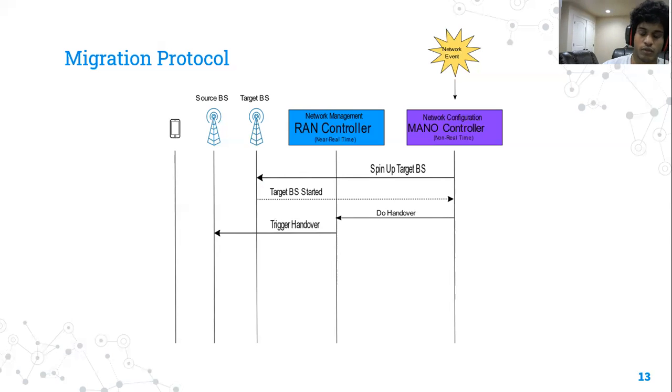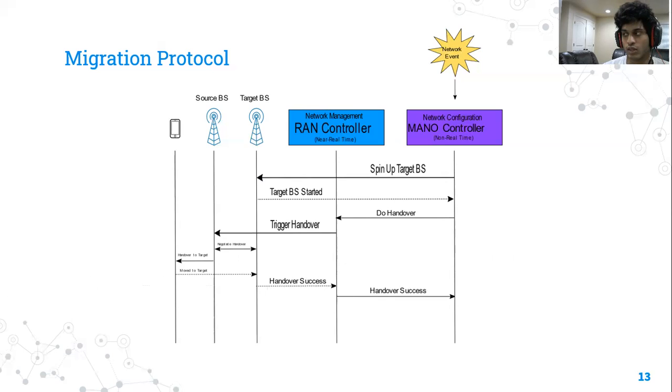And so the MANO controller will talk to the RAN controller, and then the RAN controller will dictate that this handover occurs, or I guess manage this handover. And so it'll tell the source base station to initiate the handover. There will be some negotiation between the source base station and the target base station. And then once the negotiation is finished, the source base station will then tell the UE to move to the target base station, which once the UE moves, then the acknowledgement will percolate all the way up to the MANO controller.